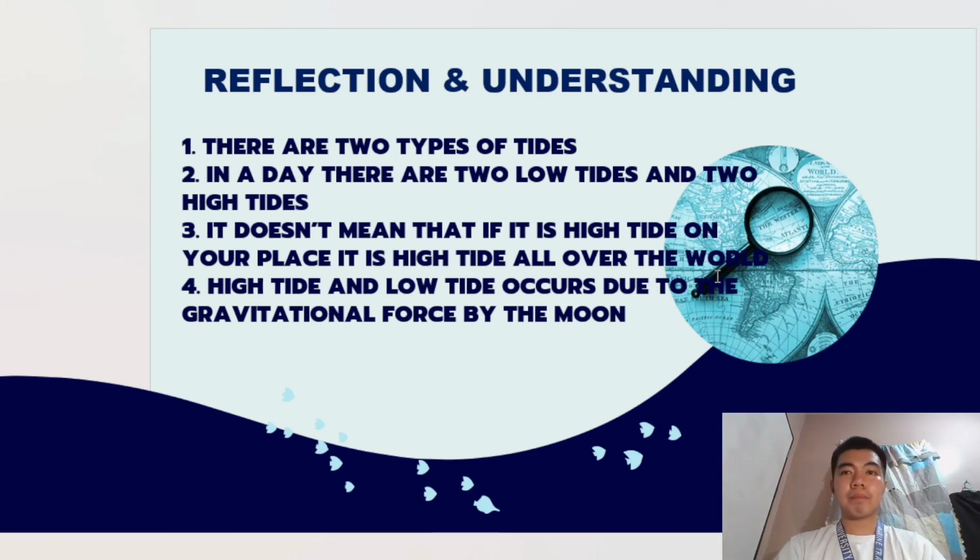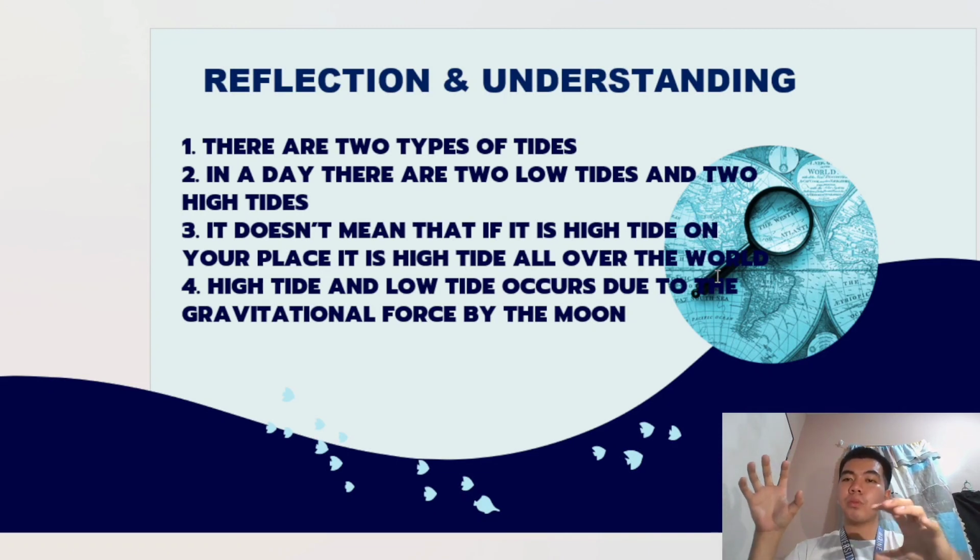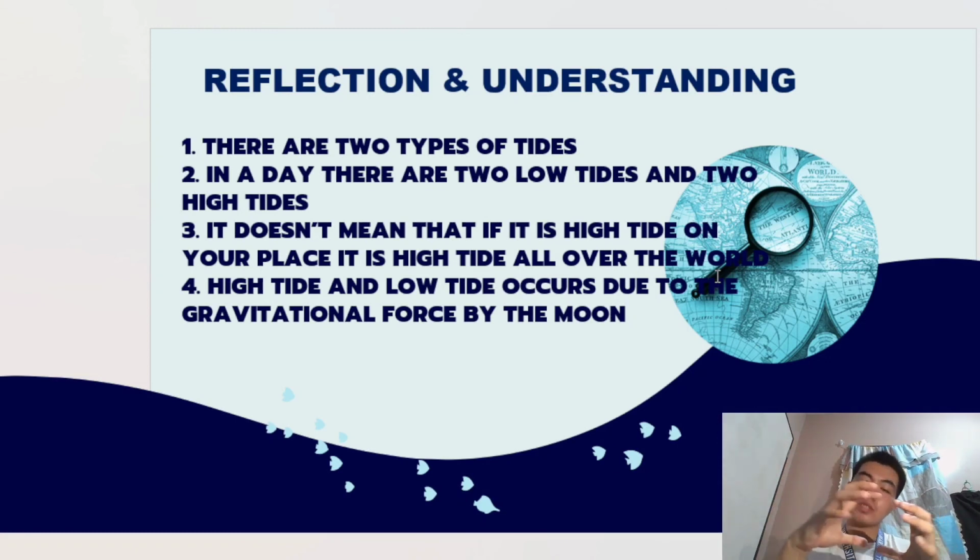I'll explain. For example, this is the Earth, and if the moon is here, the moon has a gravitational force and it pulls our ocean to this part of the Earth. So on this part, it experiences low tide, and on this part, it experiences high tide.